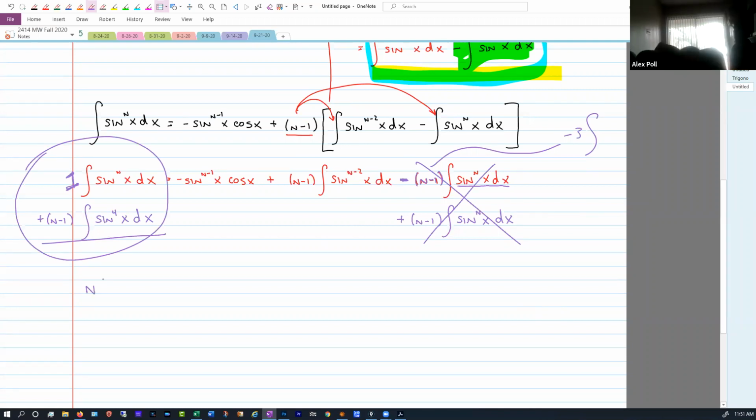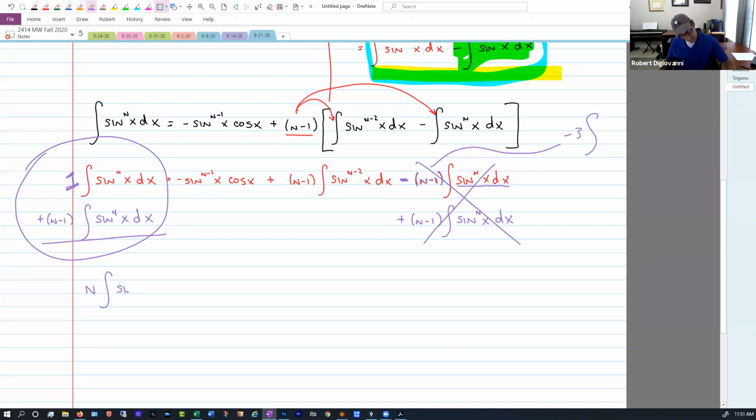So I have n of these integrals equals negative sine to the n minus 1 of x cosine x plus n minus 1 of these integrals of sine to the n minus 2 of x dx. One more step. Who sees the last step?